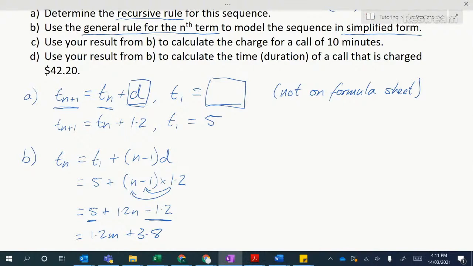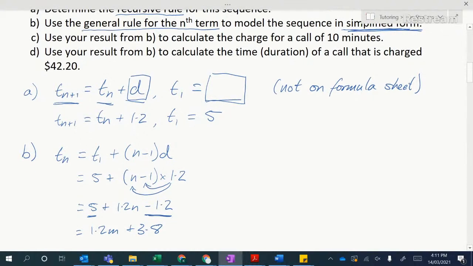Okay. How'd we go? Hopefully we all got that one out and you understand what it means when it says simplified form. Okay. If you have any questions or if you're stuck on anything, pop them in the chat. I am happy to answer.